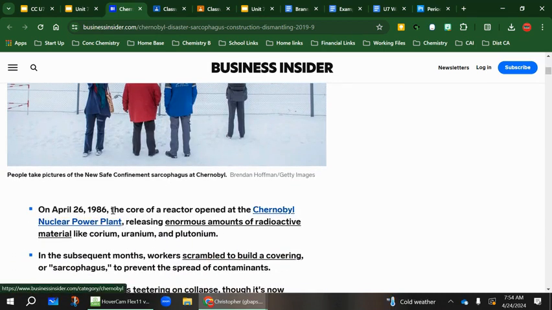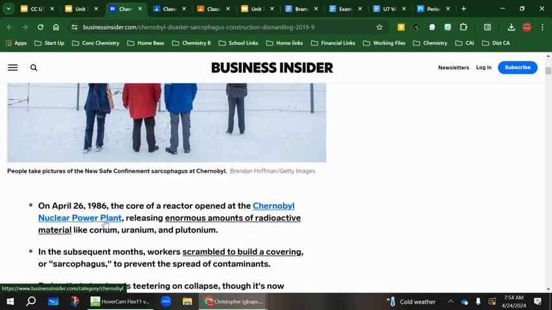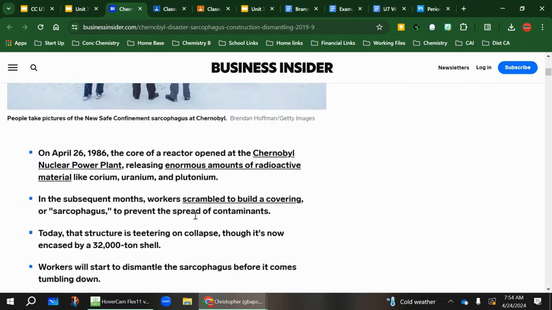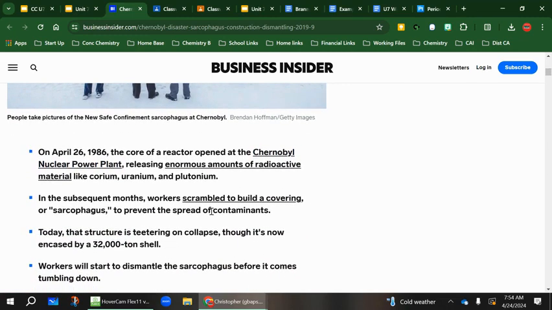So the accident happened on April 26th, 1986. They built a very crude covering for it that they called the sarcophagus to stop the spread of contamination. That sarcophagus wasn't intended for long term.